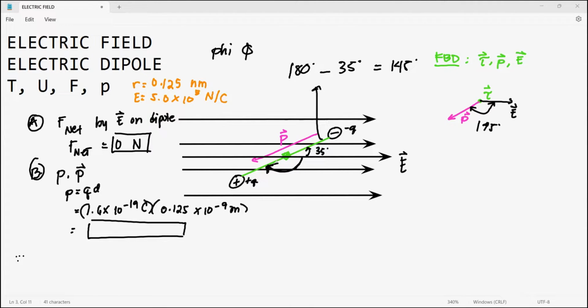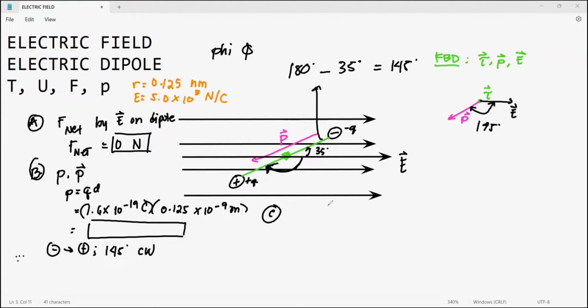As we can see here, this axis would serve as our axis when it is rotating. So in this case, it's going to be 145 degrees clockwise. Although you can just say it's going to be negative to positive. That will do as well. So here for our direction, negative to positive, or 145 degrees clockwise.